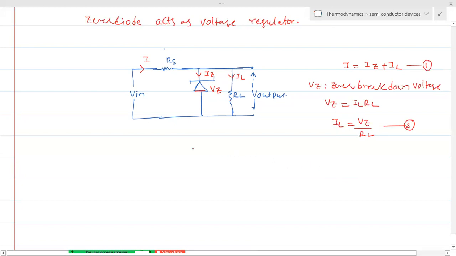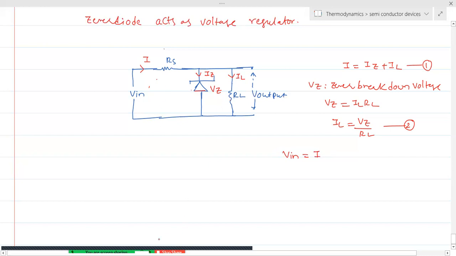Also, if you apply Kirchhoff's voltage law only for the first mesh, we get V input equivalent to, taking the main current as I, I into Rs plus Vz.